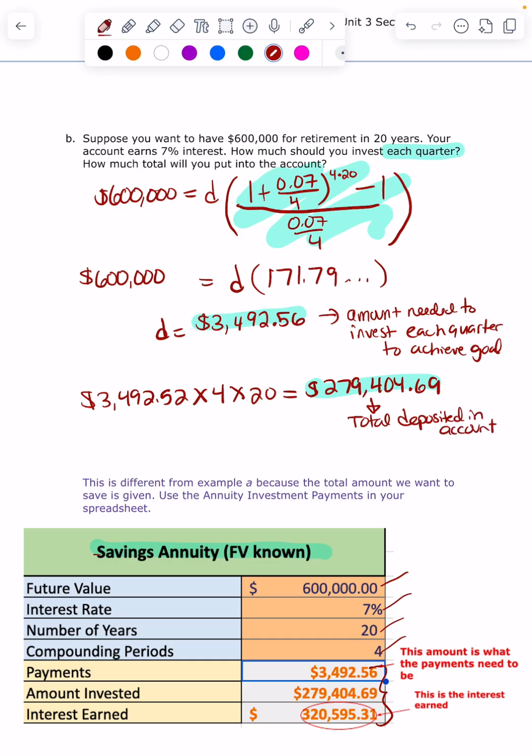And then since I mentioned it, the interest would be 600,000 minus 279,404.69. So the total interest is $320,595.31.